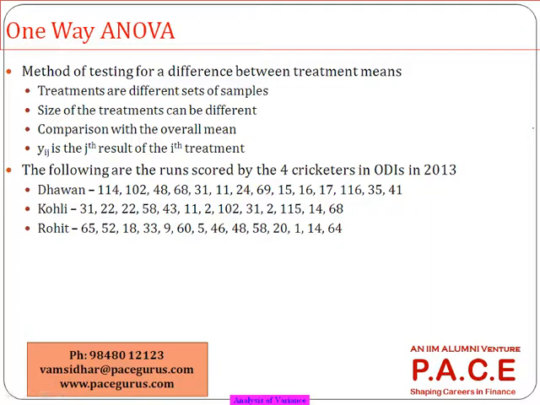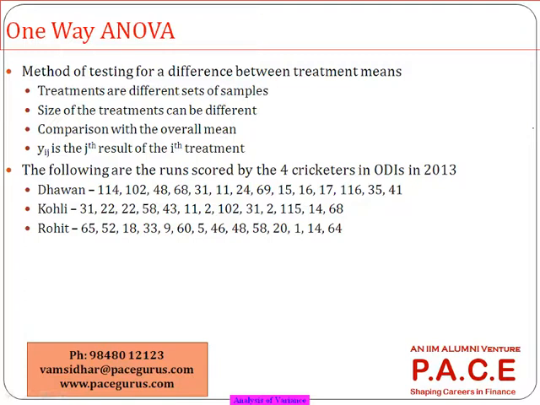So in terms of terminology, people use the term treatments. Treatments are nothing but different groups of samples, and for each of the treatments, let's say I have multiple observations. If you see in the example here, I'm talking about three different cricketers.